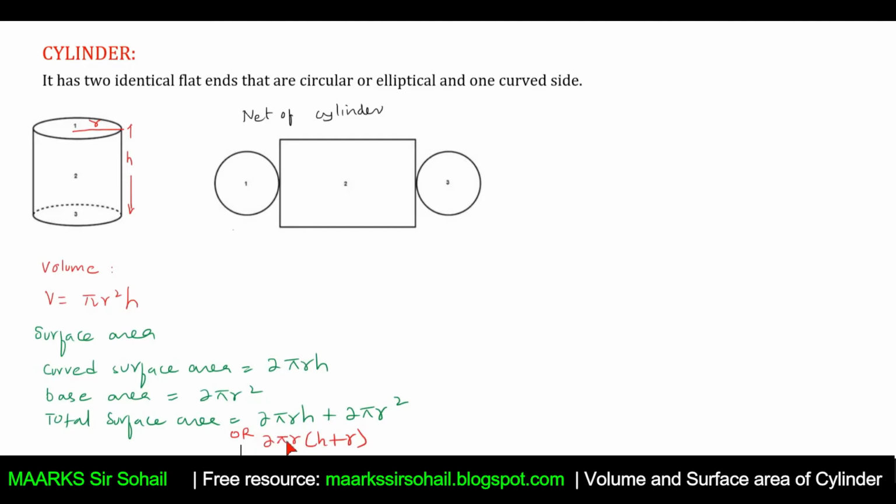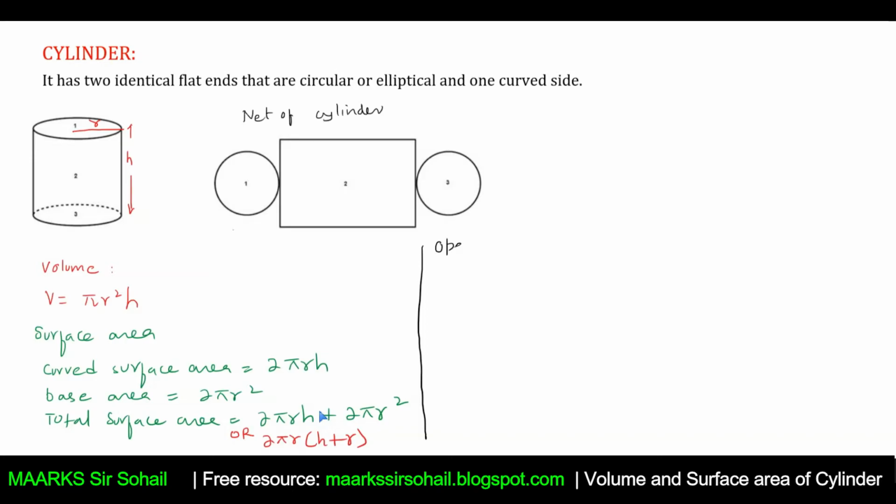Sometimes you will find that this formula is also used, so do not get confused about why we have learned this formula or where it comes from. I have told you both formulas. Now there is one more condition. Sometimes we have an open cylinder, like an open cube or open cuboid, so then the total surface area changes slightly.